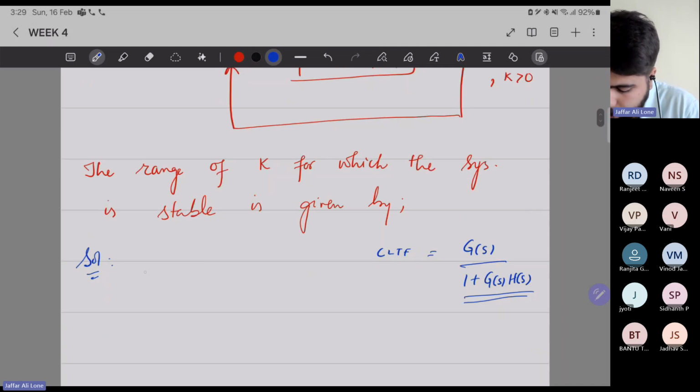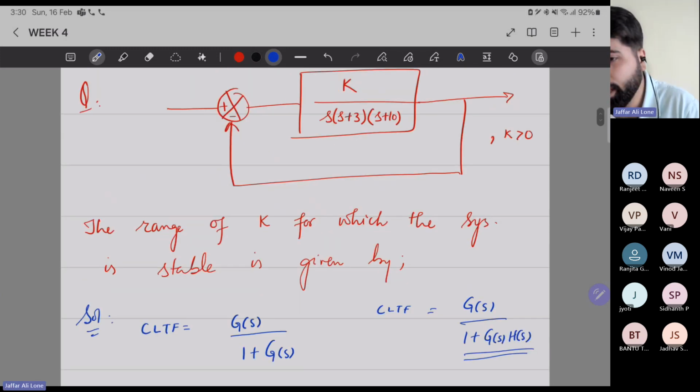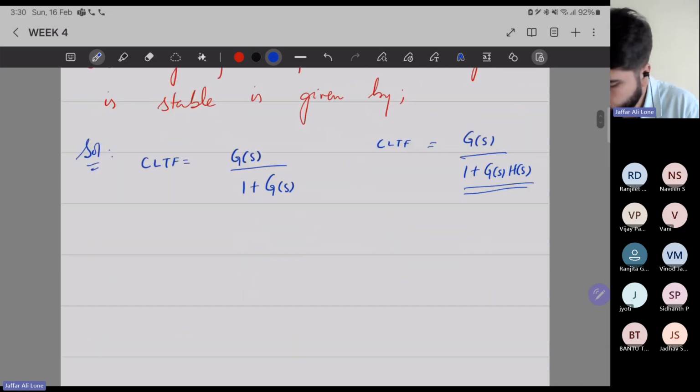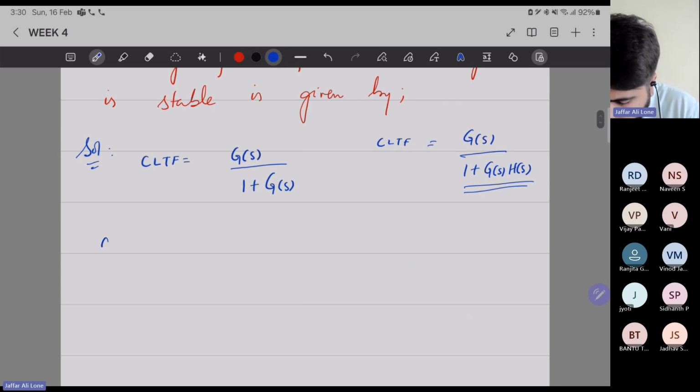So what will be the CLTF? The CLTF will be G(s) over 1 plus G(s), right? So we need not calculate this. We'll directly calculate 1 plus G(s), because we need only the characteristic equation.